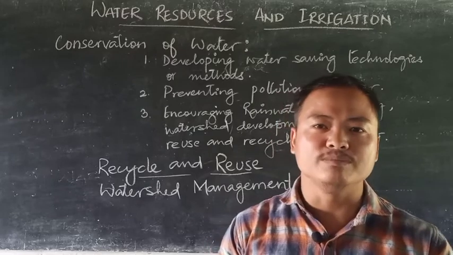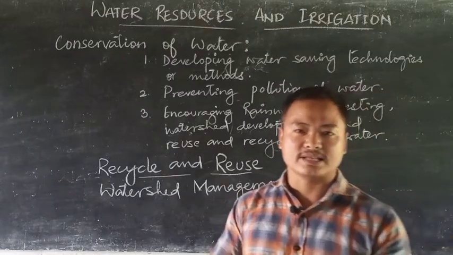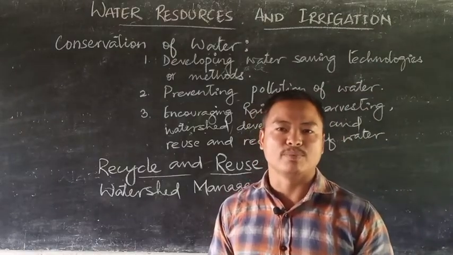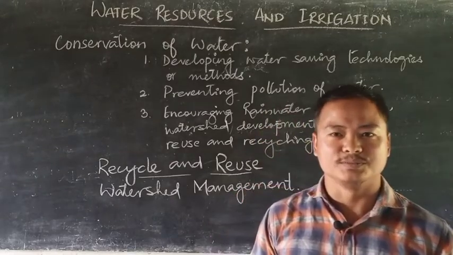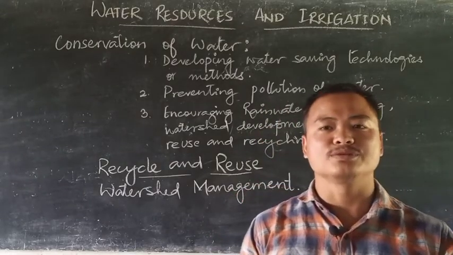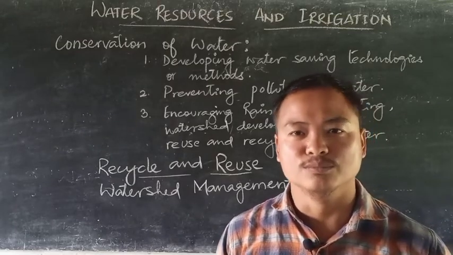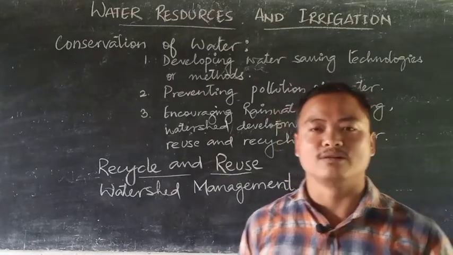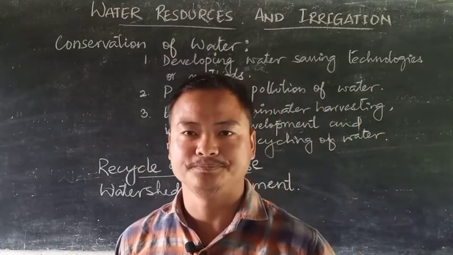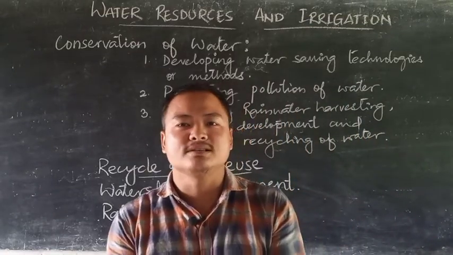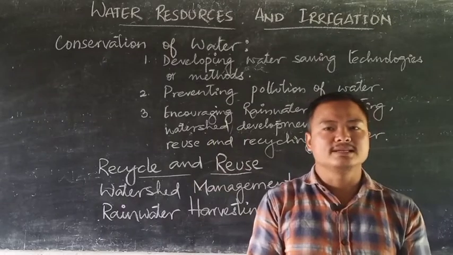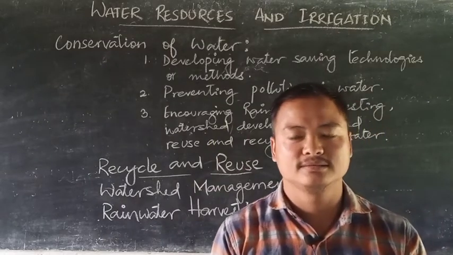These are two important schemes working as a part of watershed management. The sole purpose of watershed management is to provide water supply throughout, mostly to rural areas, for carrying out various activities.